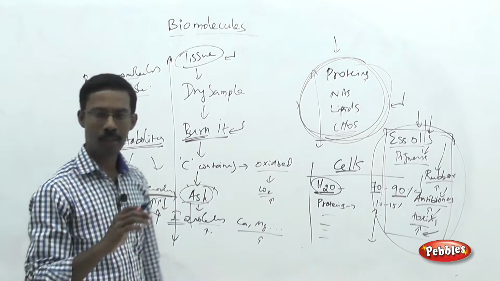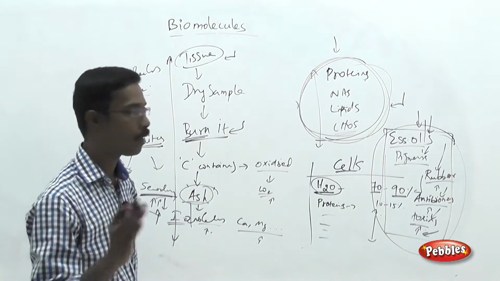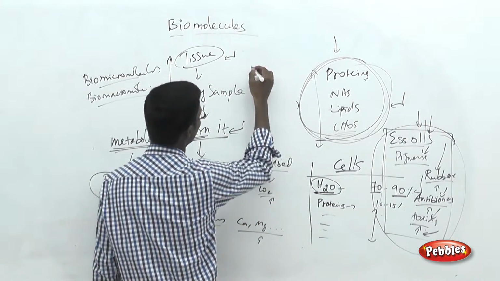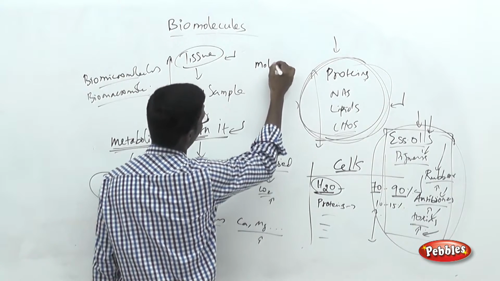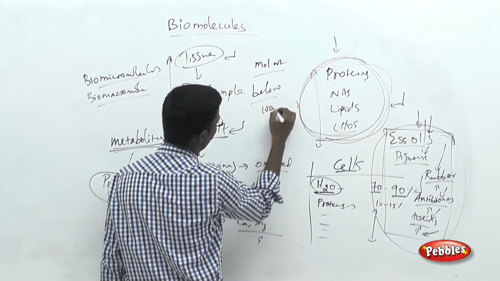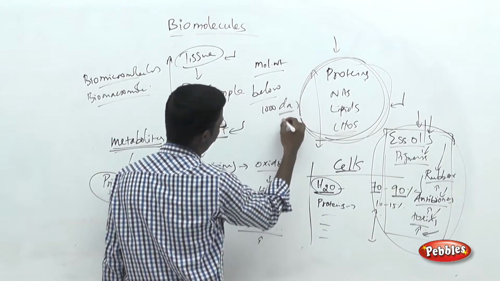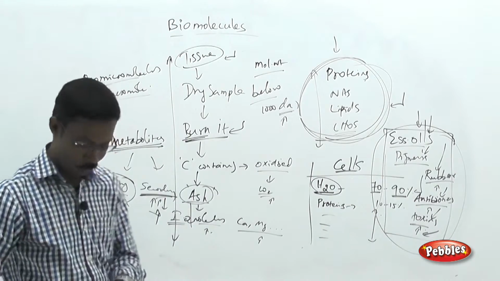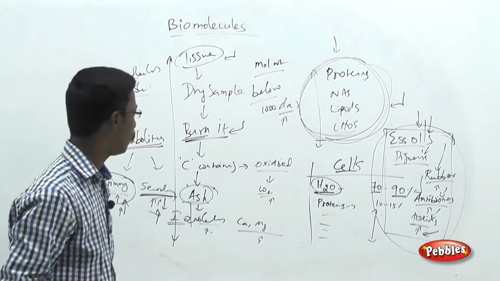Normally in the soluble fraction, the filtrate, you will have the compounds with a molecular weight below 1000 Dalton. We all know the Dalton is a unit of molecular mass.